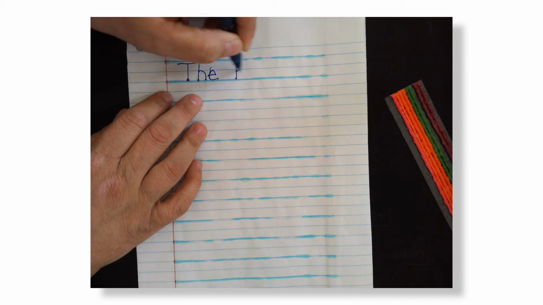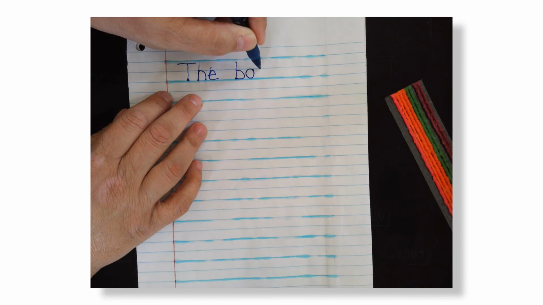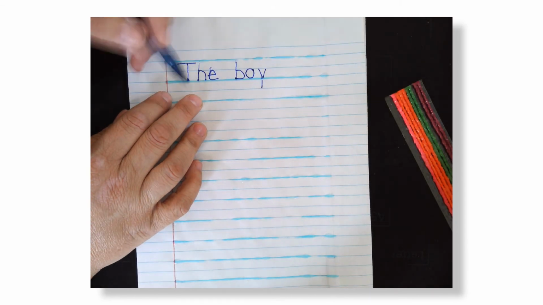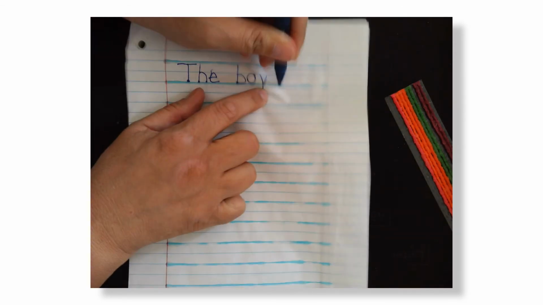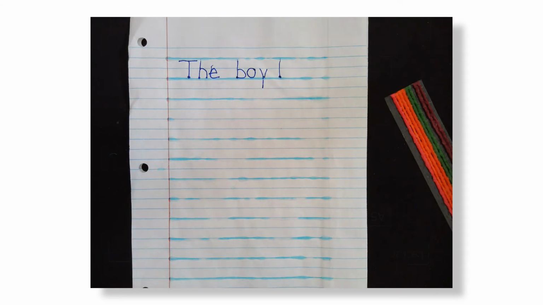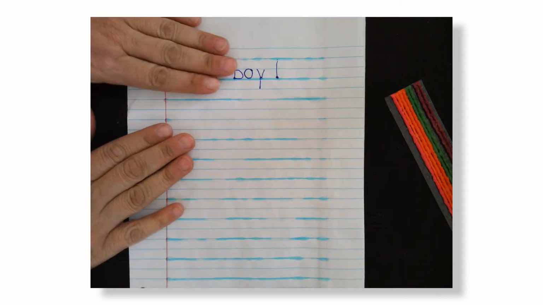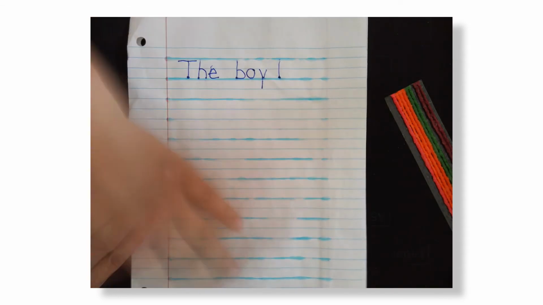So you can't go under it unless you pick up your pen to go underneath. You really can't do it. And that's a nice way. Elmer's glue, you can do a ton of these at a time, right?